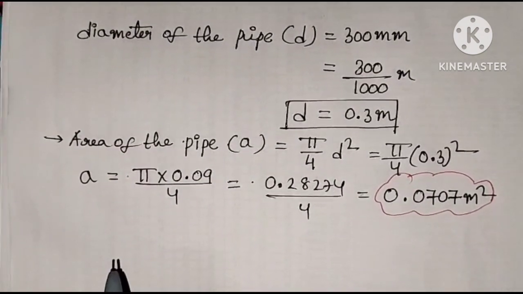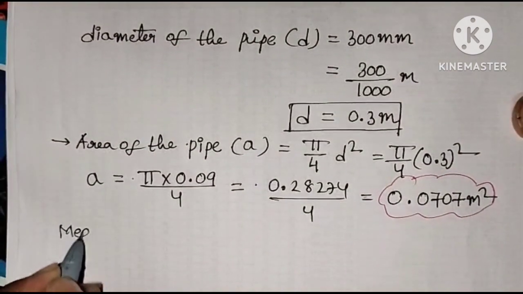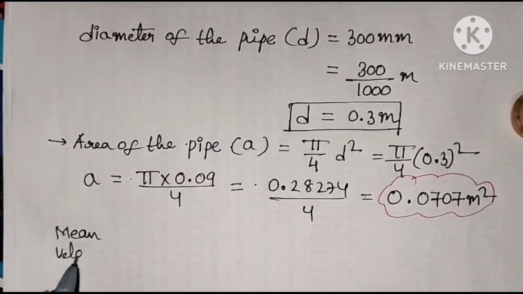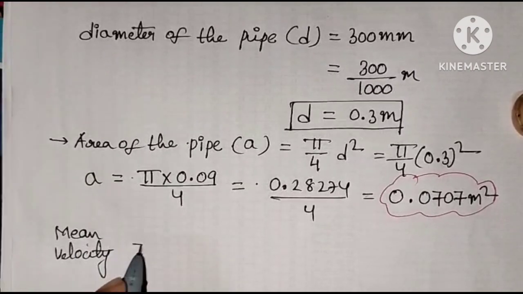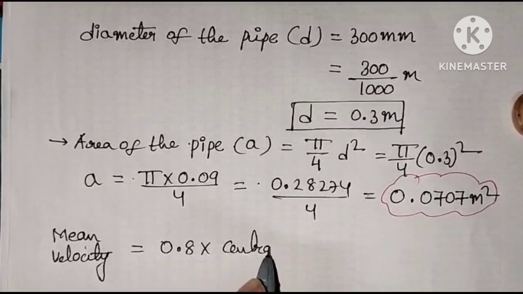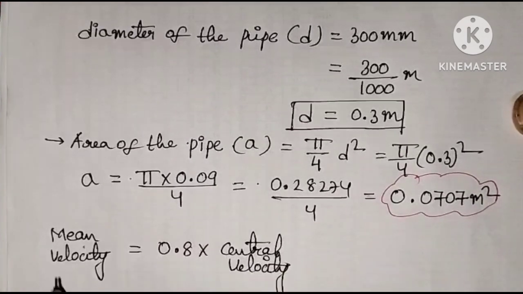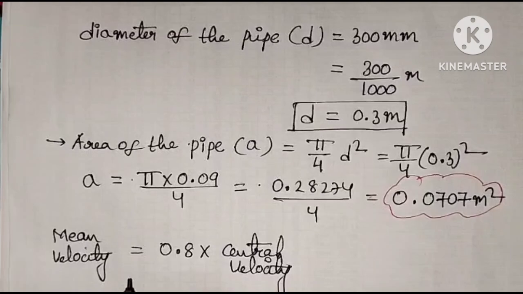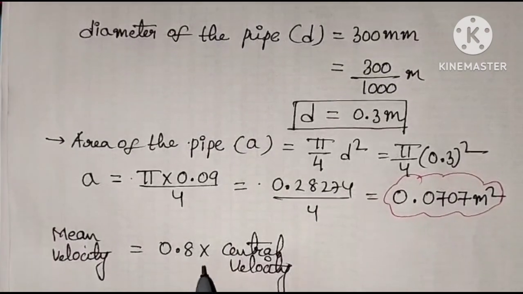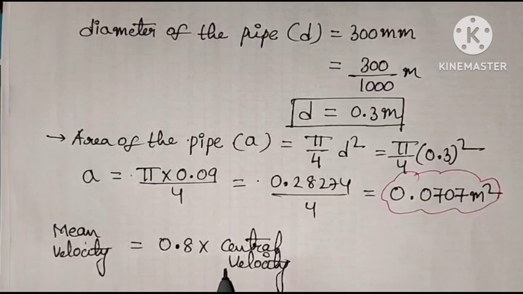Next, let us read out the given data. Here the mean velocity in the pipe is 80% of the central velocity. So mean velocity of the pipe is equal to 0.8 into central velocity.